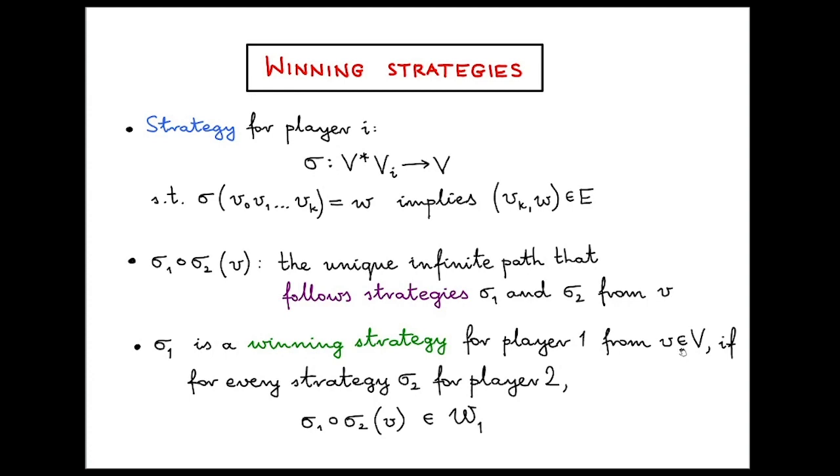So it will be the case if for every strategy sigma 2 of player 2, so in other words, no matter how player 2 behaves, it is always going to be the case that the unique path that is obtained by starting at v and then following sigma 1 and sigma 2 is a win for player 1.